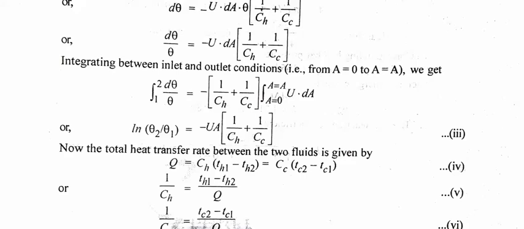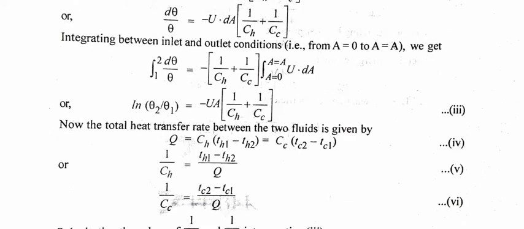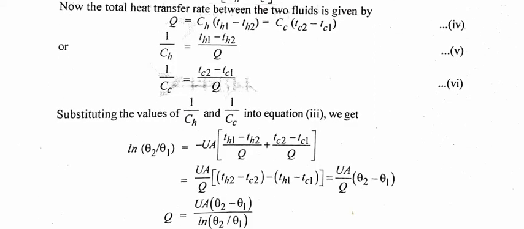Taking these to one side, 1 by Ch is equal to Th1 minus Th2 by Q, and 1 by Cc is equal to Tc2 minus Tc1 by Q. Now substituting the values of 1 by Ch and 1 by Cc in the equation, the equation forms log of theta 2 by theta 1 is equal to minus UA in the multiple of Th1 minus Th2 by Q plus Tc2 minus Tc1 by Q.